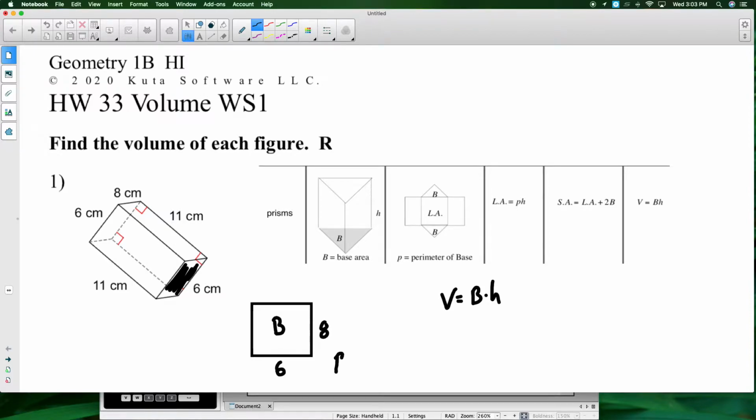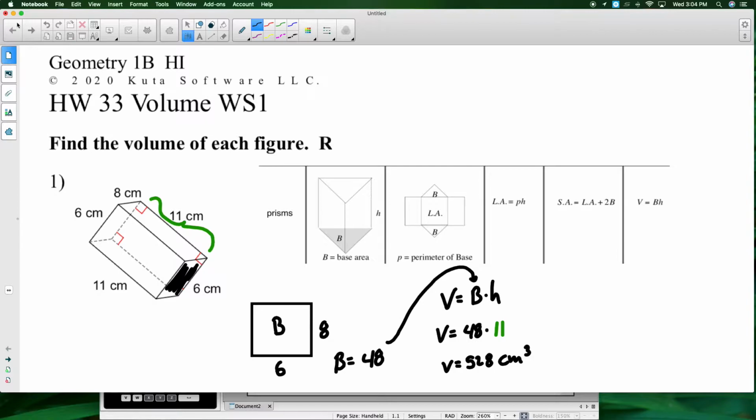So capital B for this problem is 48. That's going to slide in here. The height: if this is the base, the height must be 11. So 11 goes here. Finally, 48 times 11. The volume of this object is going to be 528 centimeters cubed. Anything with volume is going to be cubed.